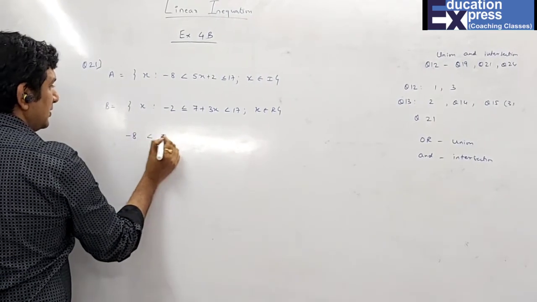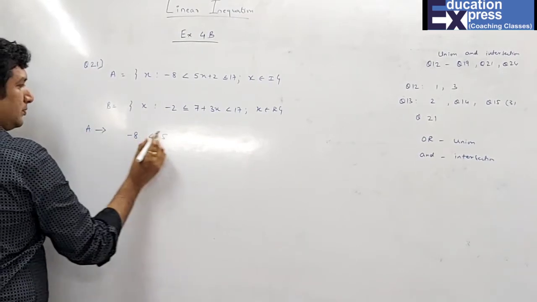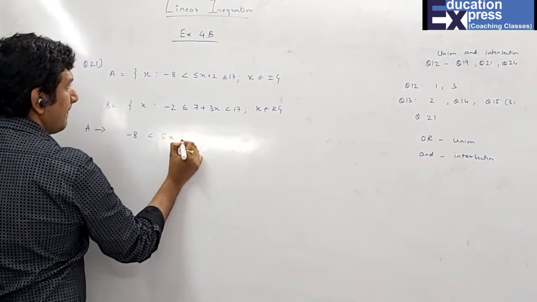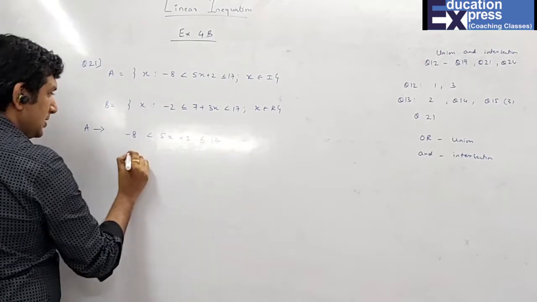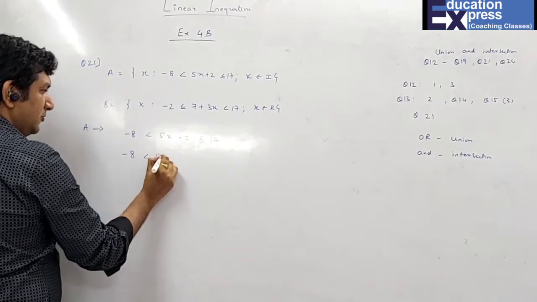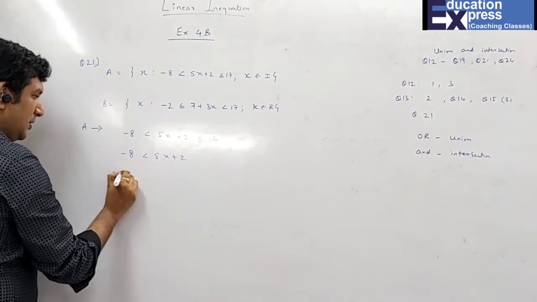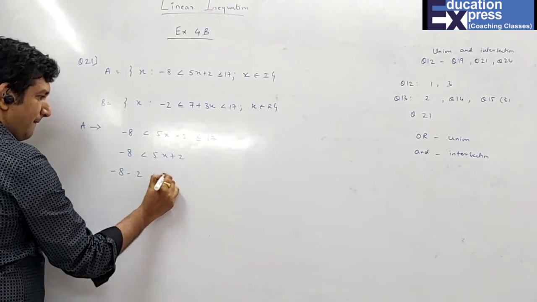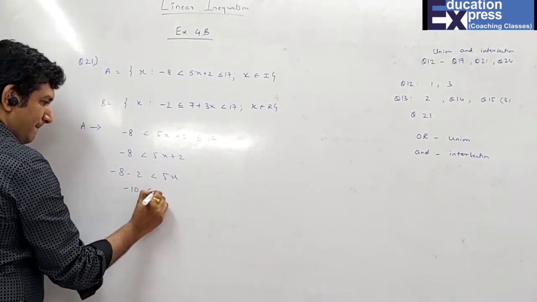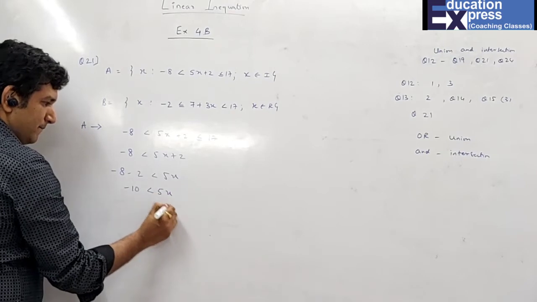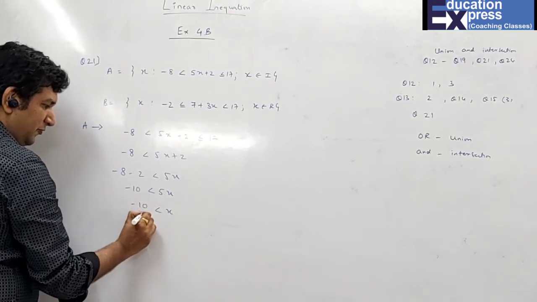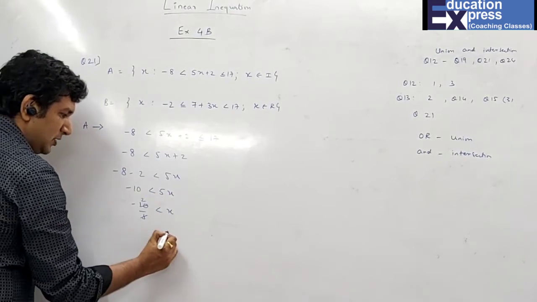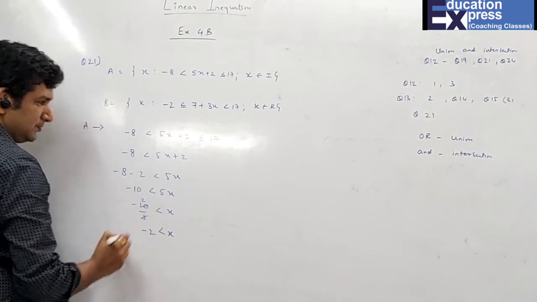-8 for A. So -8, 5x plus 2 will come here. So -10 upon 5, so x is more than -2.